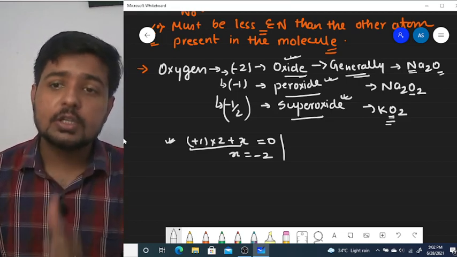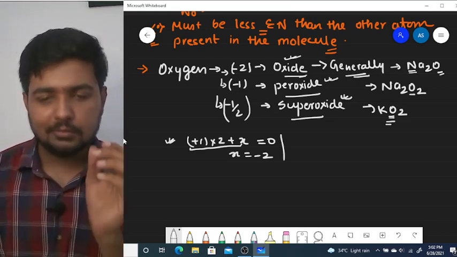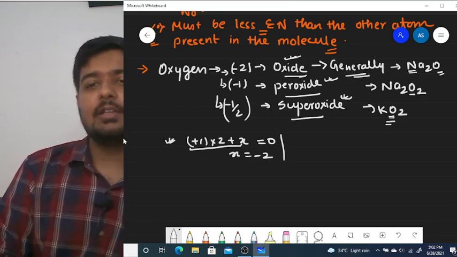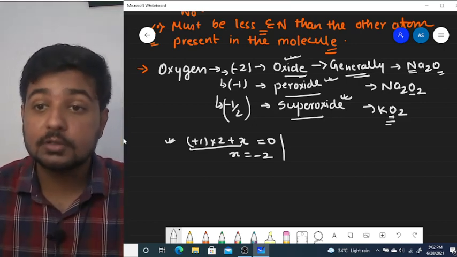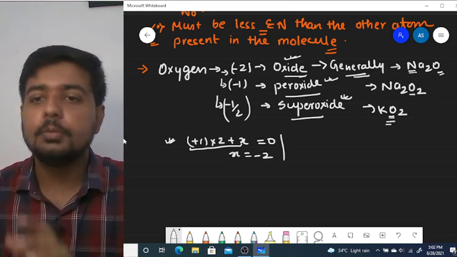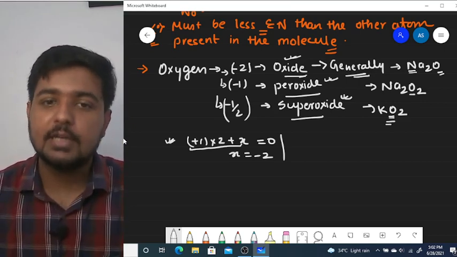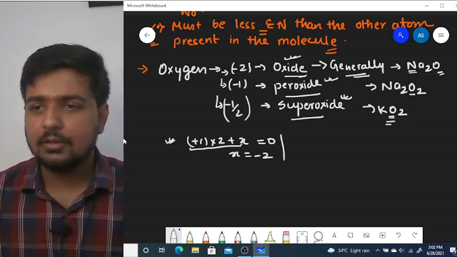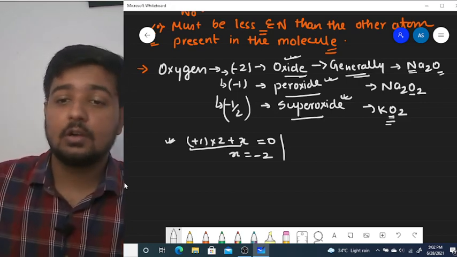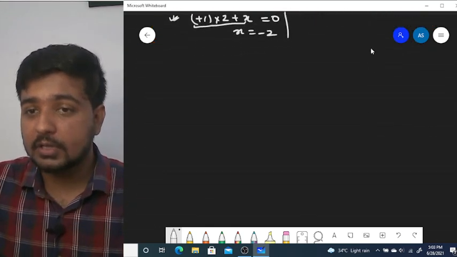Now the question is where there is a necessity of taking peroxide, that is -1 as the oxidation number for oxygen. To understand that, you must know the ranges of the oxidation number for various kinds of elements.